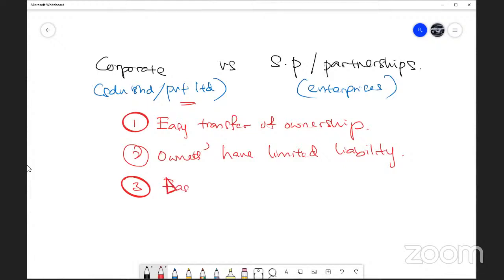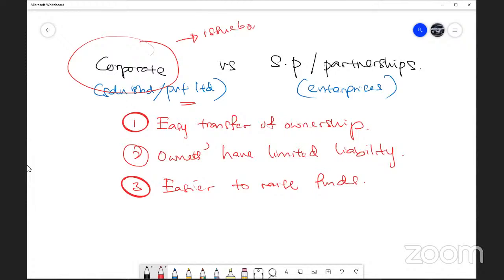Number three, easier to raise funds, or easier to raise capital. As a corporate, if you want to raise funds, you can issue bonds and you can release shares.